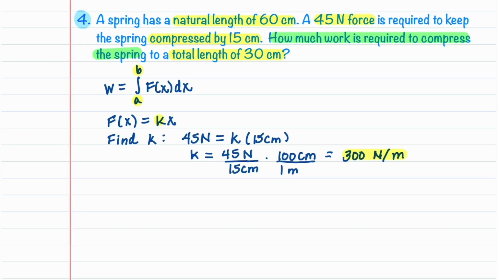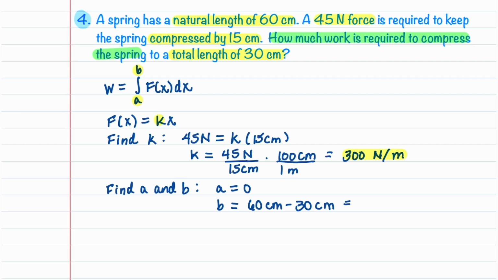Now let's find a and b. Initially, the spring is not compressed, so we're going to let a be equal to 0, and then b is the length the spring is compressed, and that is going to be 60 centimeters minus 30 centimeters, because its natural length is 60 and it gets compressed to 30.